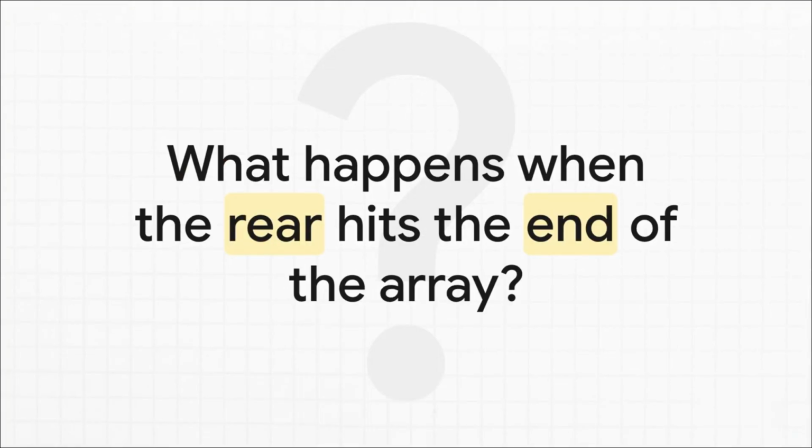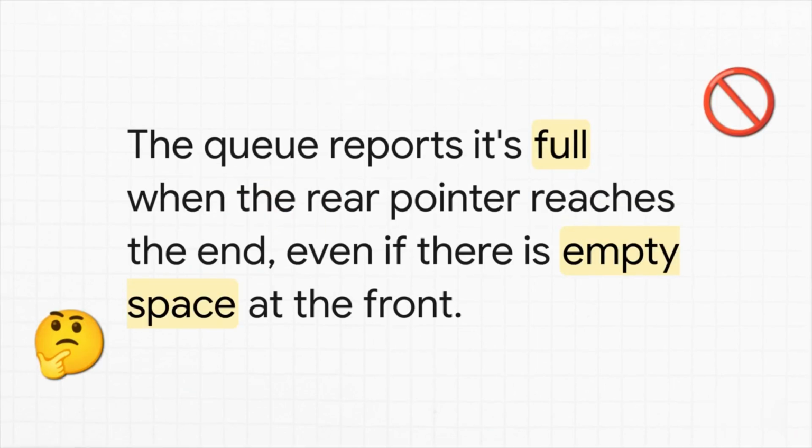I want you to picture this. We've been adding items, removing items, things are going great. Our line is moving. But what happens when our rear pointer, the one tracking the back of the line, hits the very last slot in our array? And this is where things get weird. Even if we've removed a bunch of items from the front, leaving all these empty, usable slots, the queue just thinks it's full.